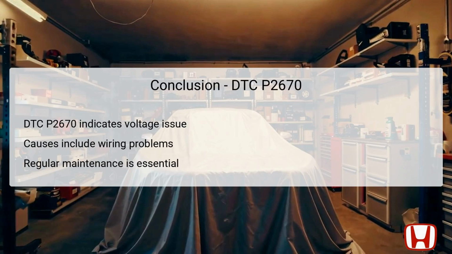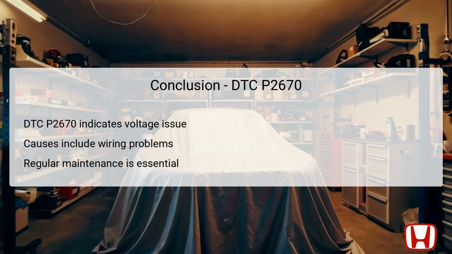In summary, DTC P2670 indicates a low voltage issue in the actuator supply voltage B circuit within the Honda Accord from 2017 to 2023. Several factors can lead to this error, including problems with wiring, blown fuses, or faulty transmission sensors. Symptoms associated with this DTC often entail erratic transmission behavior and activation of the check engine light.